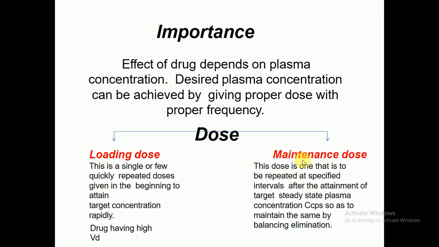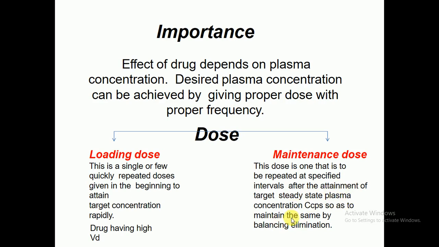Now what is maintenance dose? Maintenance dose is the dose that is to be repeated at a specified interval after the attainment of the target. Here we attain the peak plasma concentration, the target, but in this case it is a specified interval after the attainment of the target, like steady state plasma concentration.